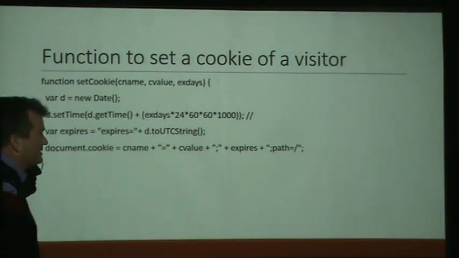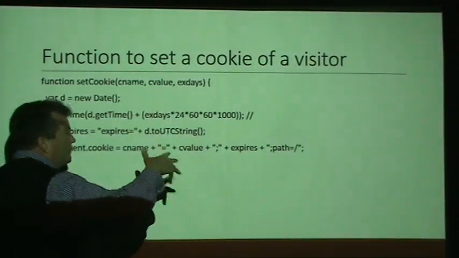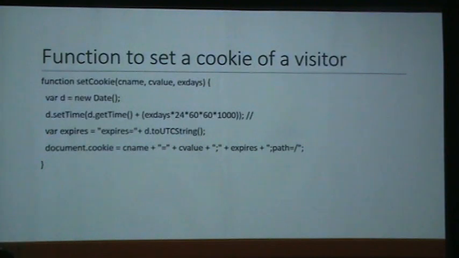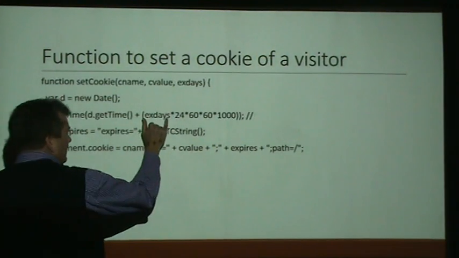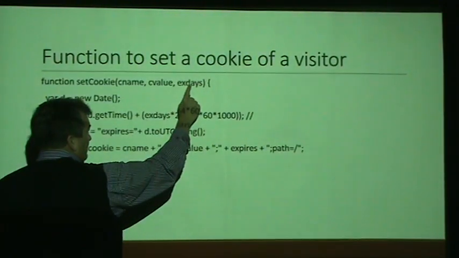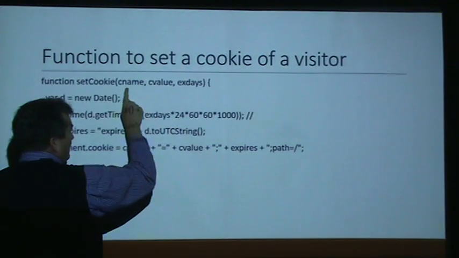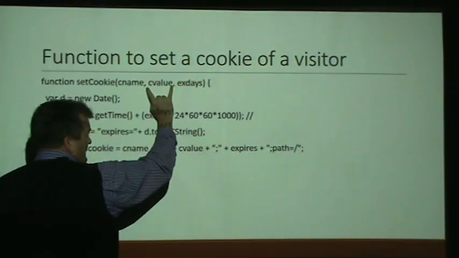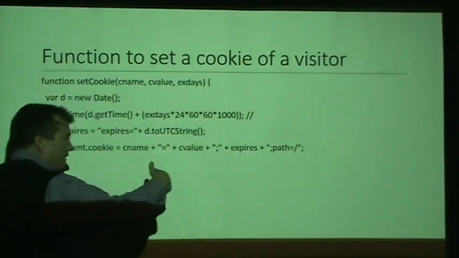Now in this case, we're having the cookie expire so many days from now. You could do it hours and minutes if you wanted to, but if we wanted to do days from now, we would take how many days they passed in as a parameter. So for example, we're setting the email address to whatever your particular email address is, and we're going to leave that in effect for 5 days.